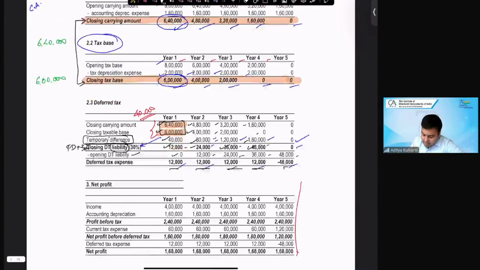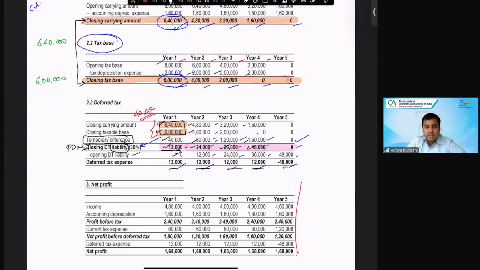Look at the reversal pattern. DTL of 12,000 in the first year, 24,000 in the second year with no reversal, 36,000 in the third year with no reversal, 48,000 in the fourth year with no reversal, then 0. That means the reversal pattern is that everything reverses in the fifth year.